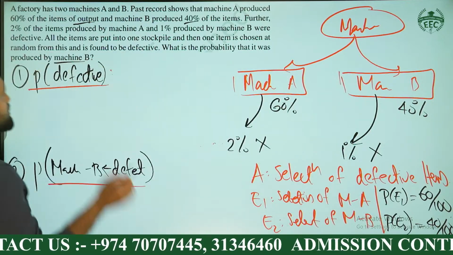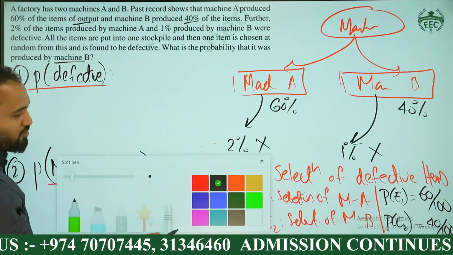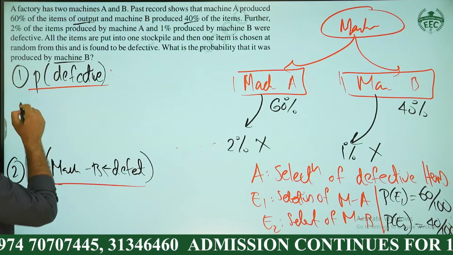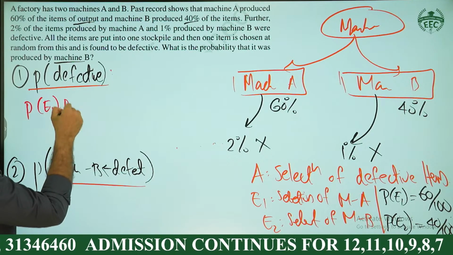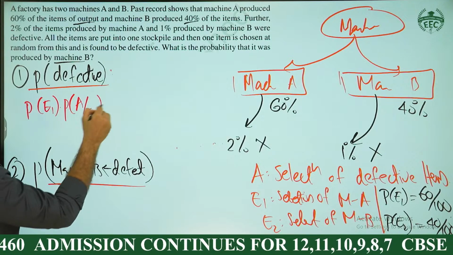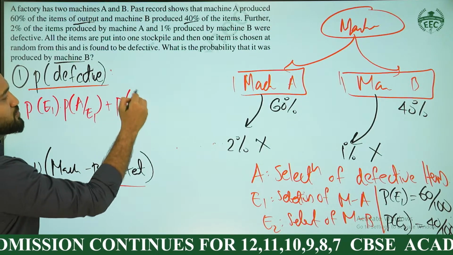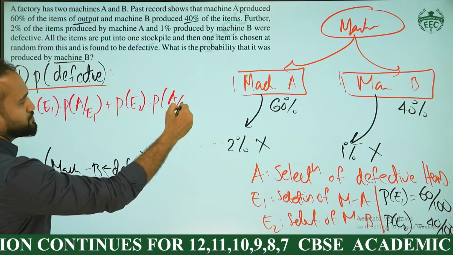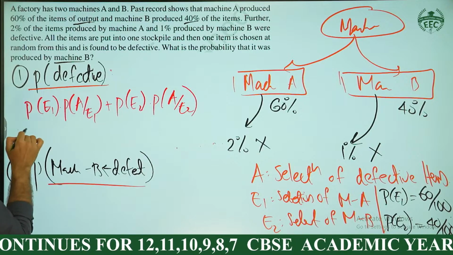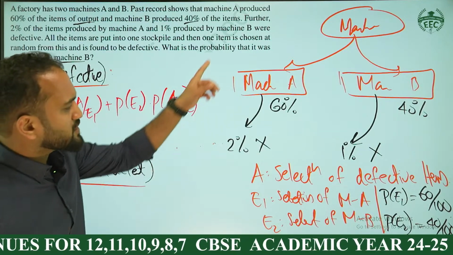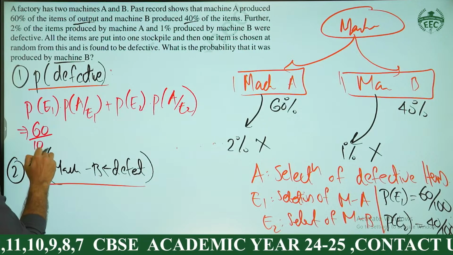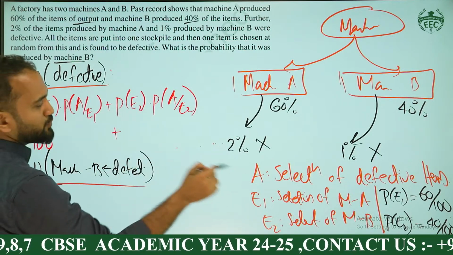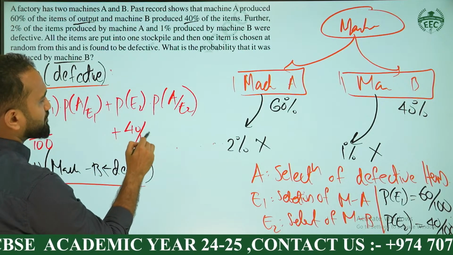So people, tell me what is the formula you learned for a defective item. P of A is equal to P of E1 into P of A given E1 plus P of E2 into P of A given E2. What is P of E1? P of E1 was found to be 16 by 100, and P of E2 was found to be 14 by 100.